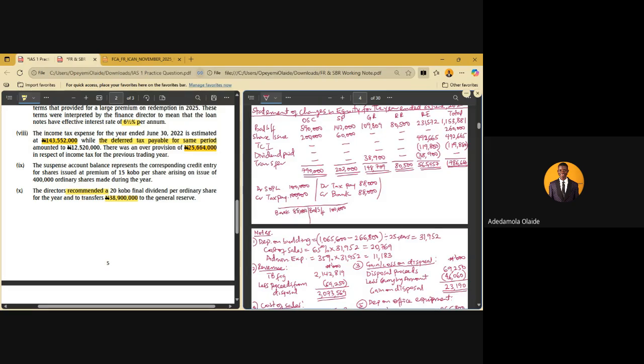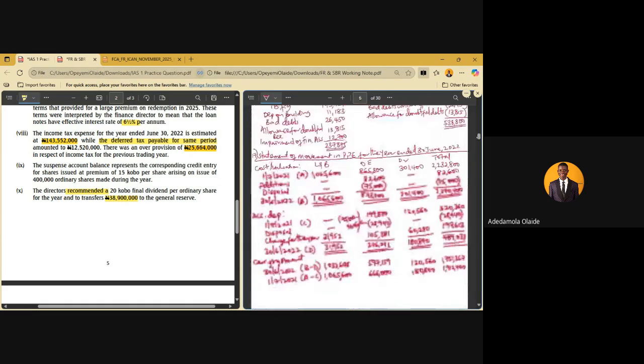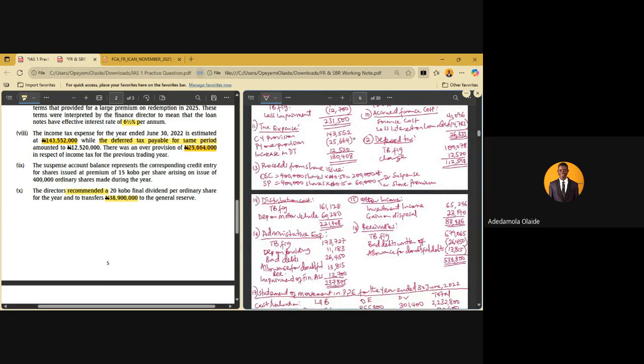But because we are not owing these people again and we don't want this account to show any balance, we now debit this account with 12,000 and credit SOPL with the same 12,000. So this debit to tax payable with 12,000 and credit to SOPL with 12,000 is what makes us deduct this 25,664 from SOPL.